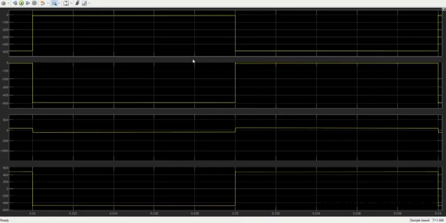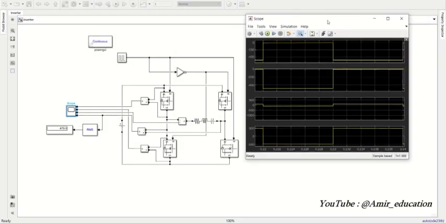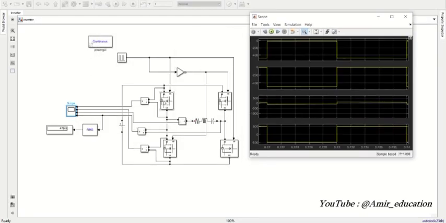As you can see here, the first plot is the voltage of these two pairs of MOSFETs, and the other plot is the voltage of these two other MOSFETs, and it is exactly opposite of each one.